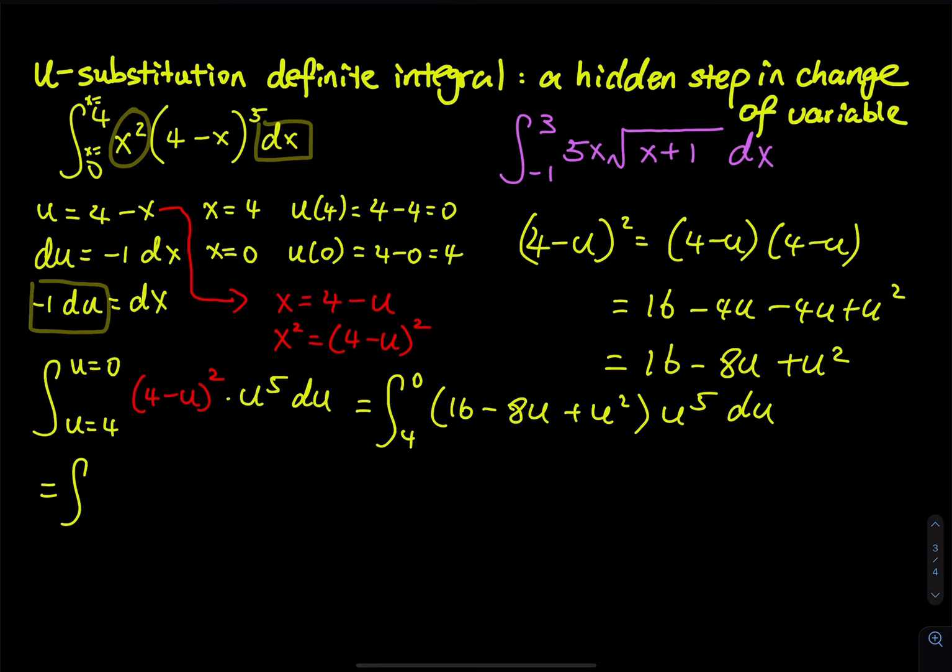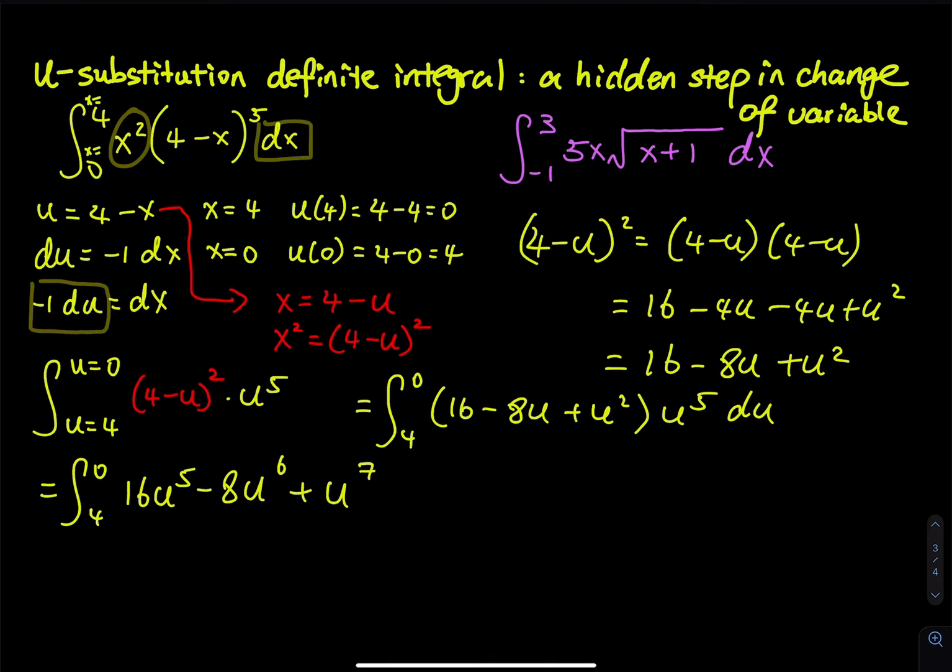Distributing, we have from 4 to 0, 16u to the 5th minus 8u to the 5 plus 1, which is 6, and then plus u to the 2 plus 5, which is 7. And I know I missed something right over there: the negative 1 du. Let me put the negative 1 back here. That is supposed to be negative 1 du, right?